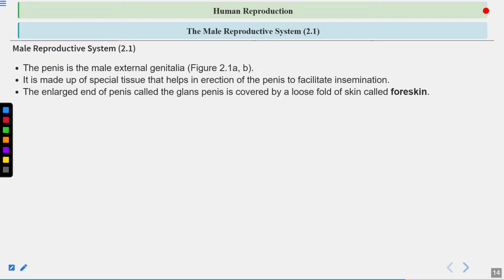This glans penis is covered by a foreskin, which is a loose fold of skin. This foreskin is present by birth, and sometimes it can completely retract or sometimes not.